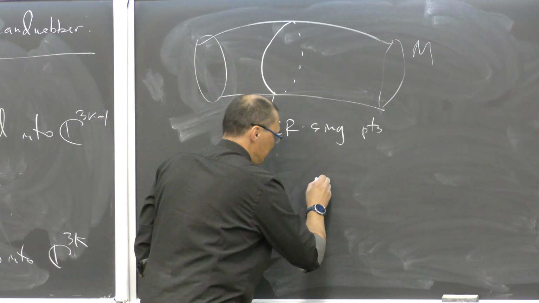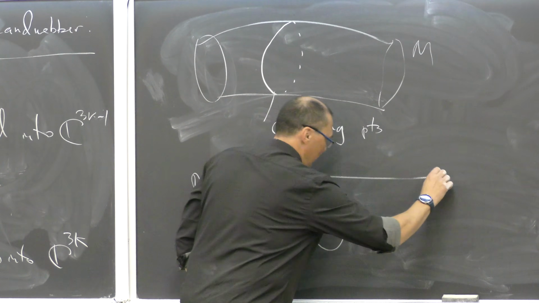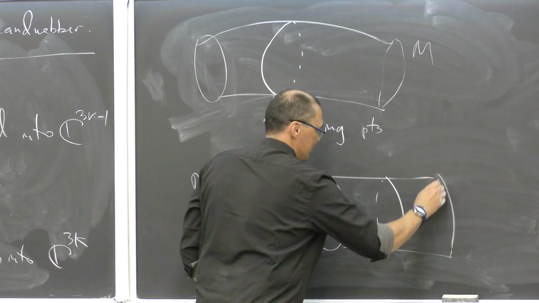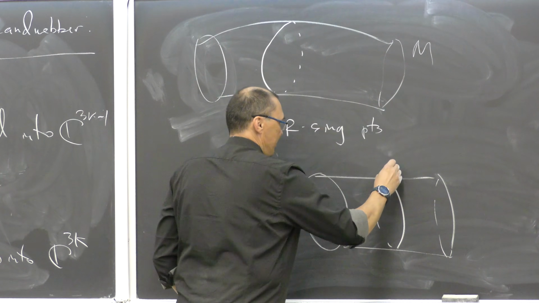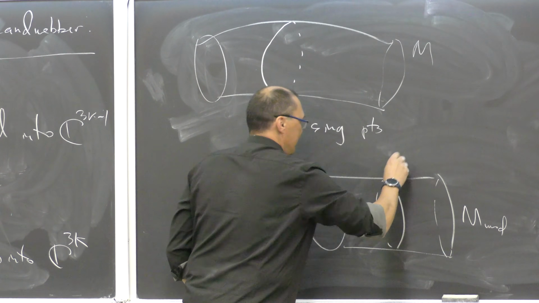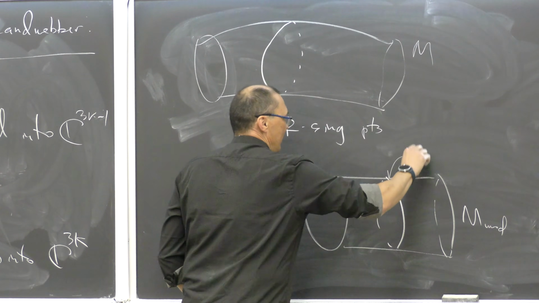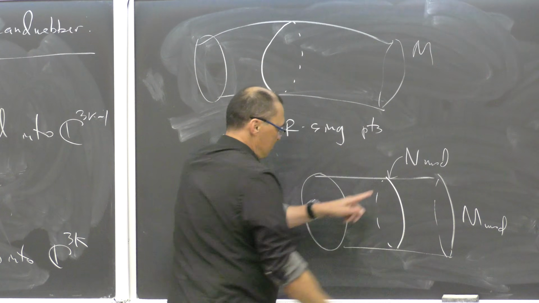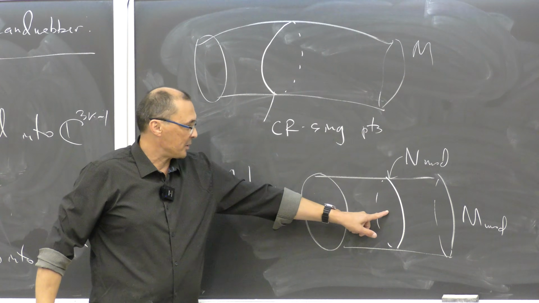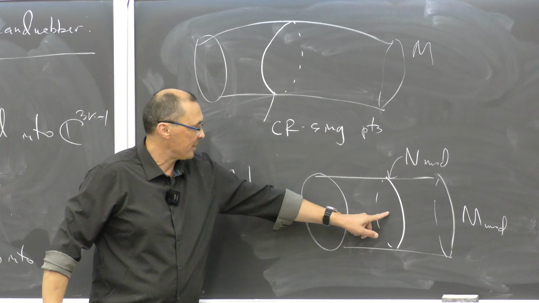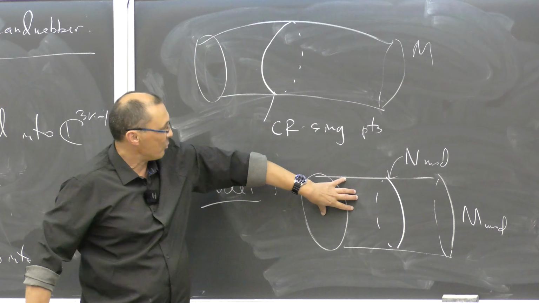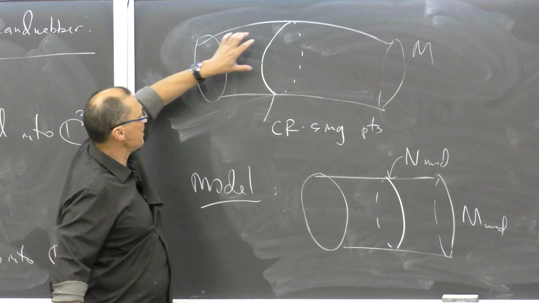So you have an explicitly written model. So this is, let's say, M mod, and then this is N mod. So this is a totally real manifold with a one-dimensional circle of CR singularities. This is CR singular, the rest is totally real.